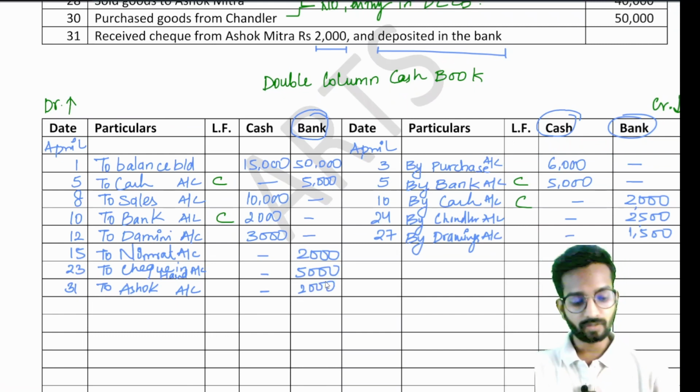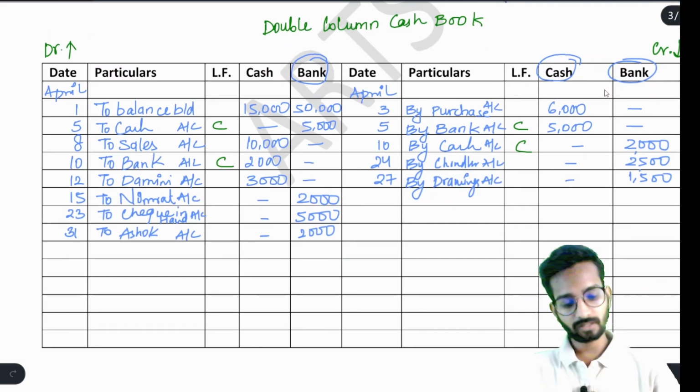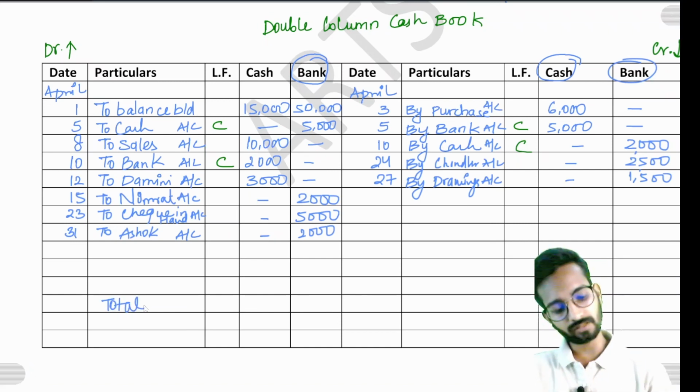Now what we are supposed to do? We have to write the final balances and the closing balance of both the cash account and bank account. Now give the total of this side. We try to give total of cash column and bank balance.